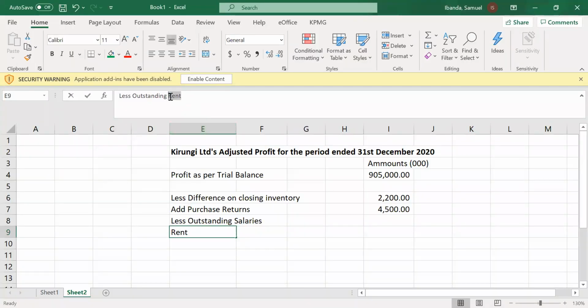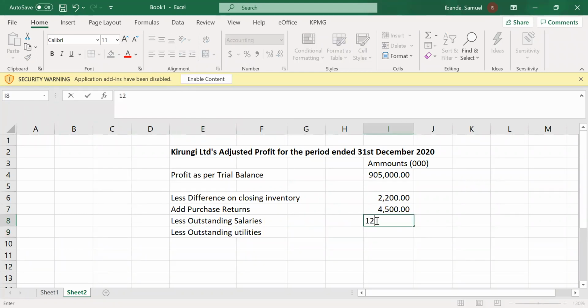So you come and adjust them by reducing them on your profit. This is utilities. So this is 12,500, and this was 670. So that was as simple as it is, okay?